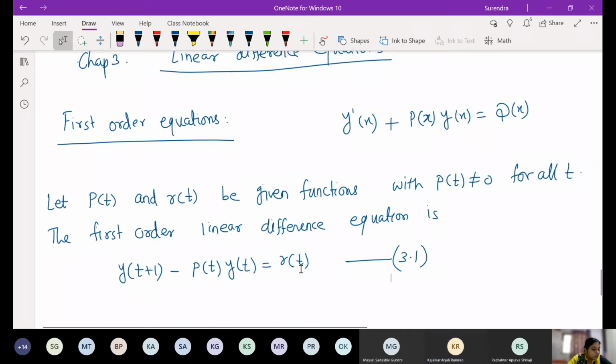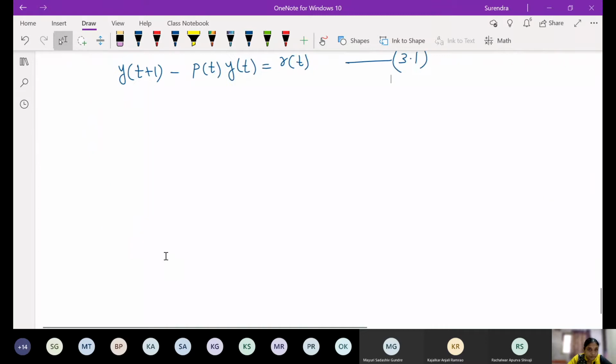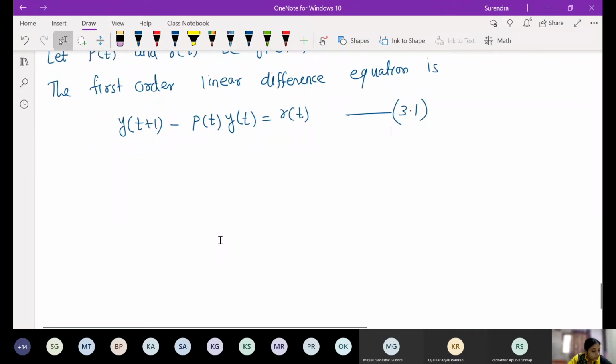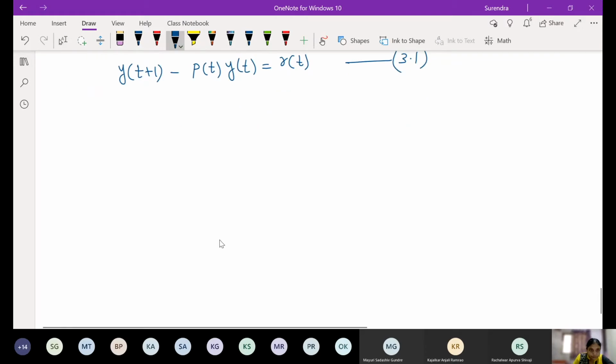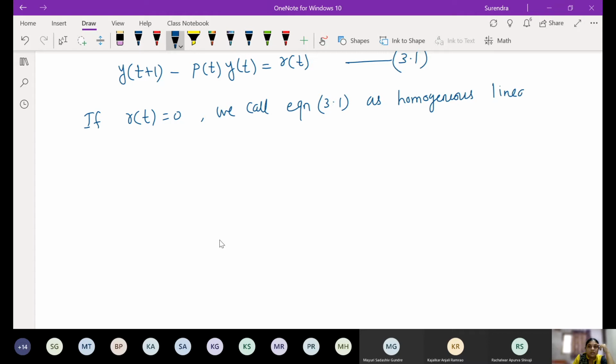Now whether this is homogeneous or non-homogeneous depends on r(t). If r(t) is equal to 0, we call equation 3.1 a homogeneous linear difference equation.